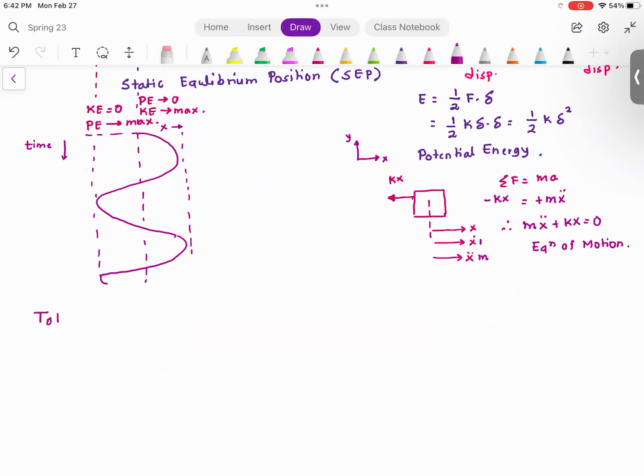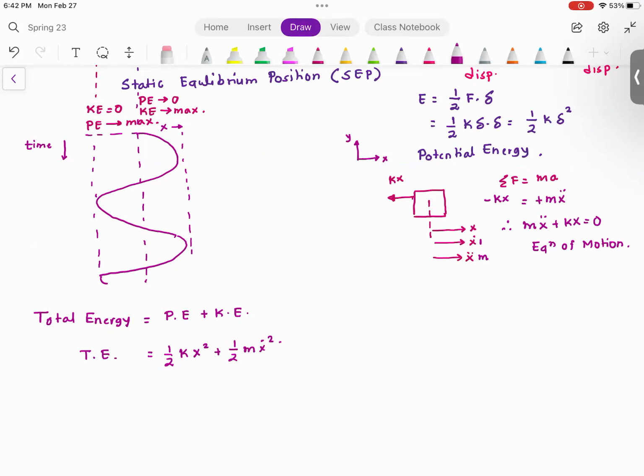Total energy is potential energy plus kinetic energy. Do you agree with me? Potential energy is 1/2 k x squared and kinetic energy is 1/2 m x dot squared. Do you agree with me? This is called the total energy.